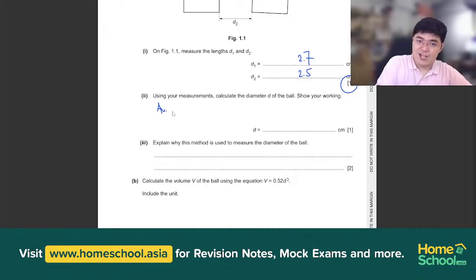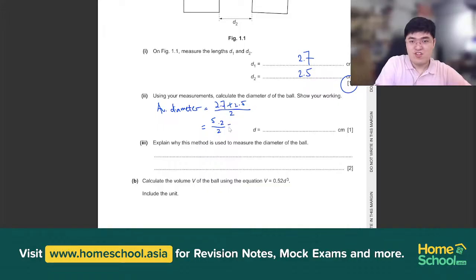So average diameter equals the sum of these two, 2.7 plus 2.5, divided by 2, since we have two values of d. Doing the mathematics, 2.7 plus 2.5 is 5.2, divided by 2, we get 2.6 centimeters, all right?